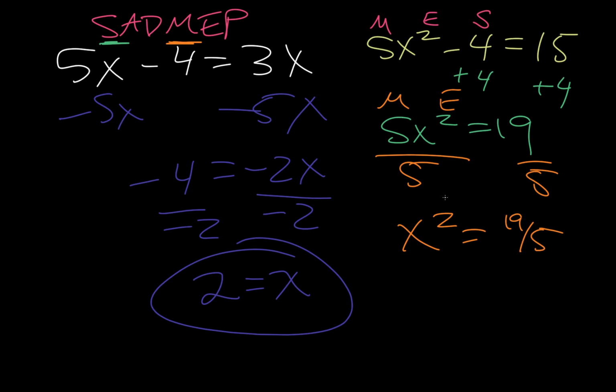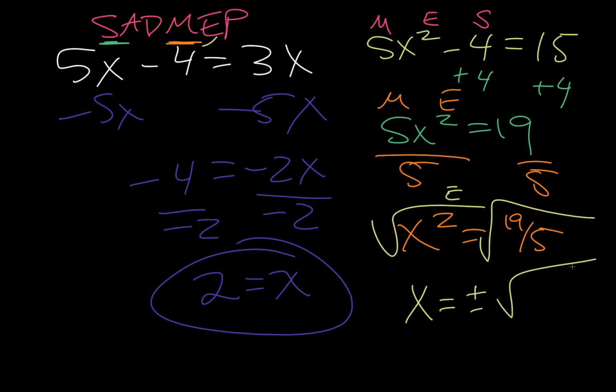And the last thing is we have an exponent. And we square root to get rid of that. So x equals, remember when we introduce a square root into a problem, we actually get 2 answers. And so that's why we have the plus or minus.